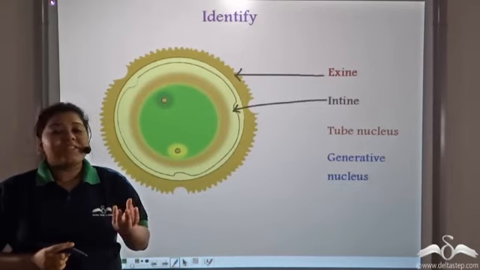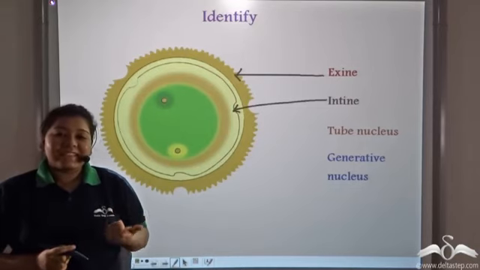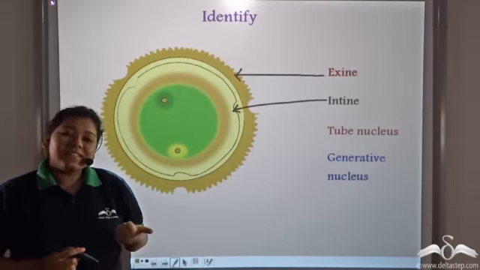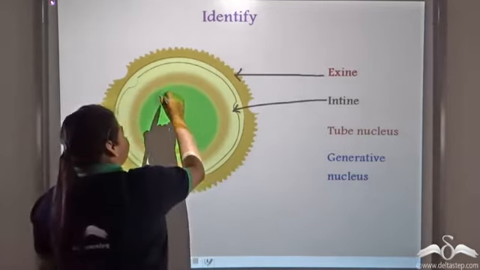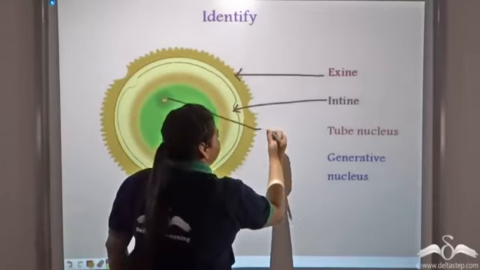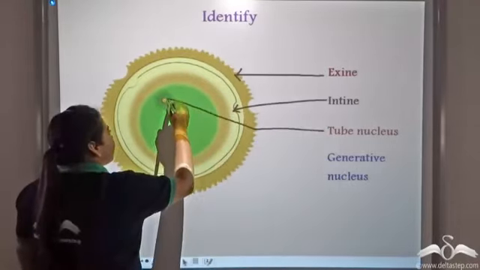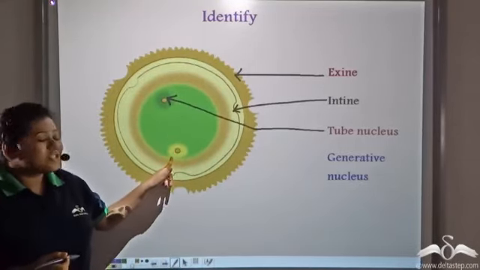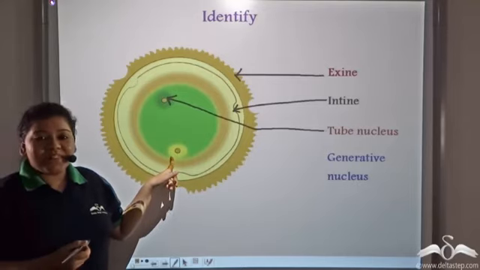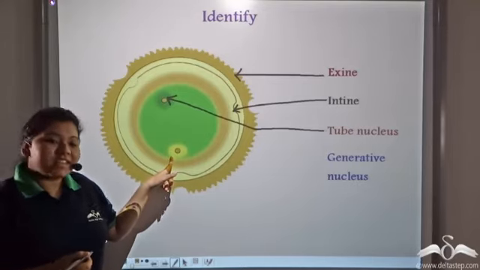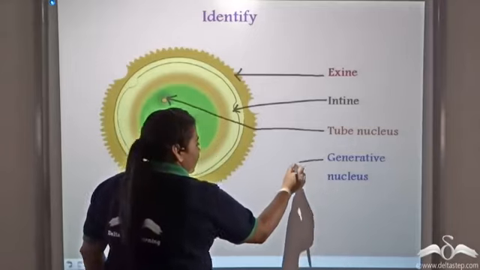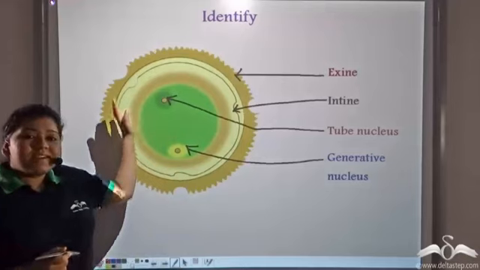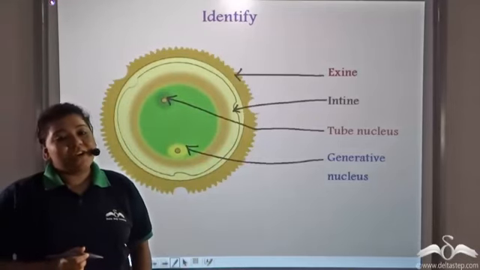The cricket ball-shaped nucleus inside the pollen grain is known as the tube nucleus. And finally, this one, which is shaped like a rugby ball, is known as the generative nucleus. So these are the different parts of a pollen grain.